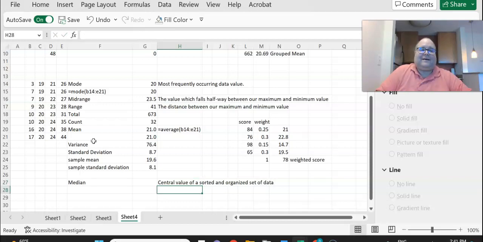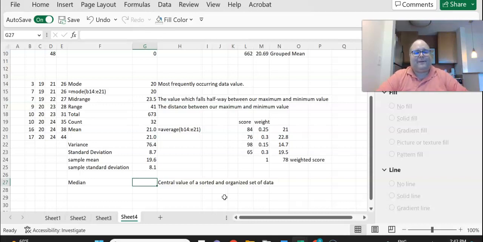You need to make sure the data is running in a way that is easy to tell what is the lowest, and the data progresses upwards. So in this case, we have 32 values. 32 divided by 2 doesn't give us an exact middle point, but we have our 16th value, 16 up from the bottom, and our 17th value, 16 down from the top, are 21 and 20.